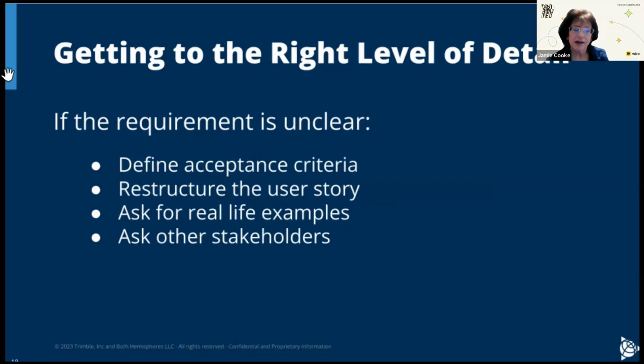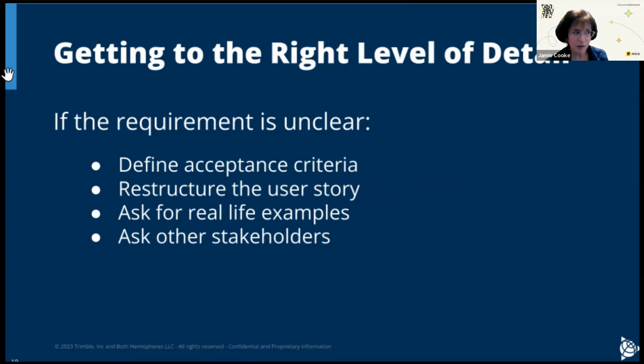If the requirement is unclear, right? If they basically have not been able to put it into words that are meaningful or definitive, work backwards. This is a test-driven development technique. Define the acceptance criteria, define what they would be looking for in the feature, and by virtue of that, you can actually define what the feature needs to do.